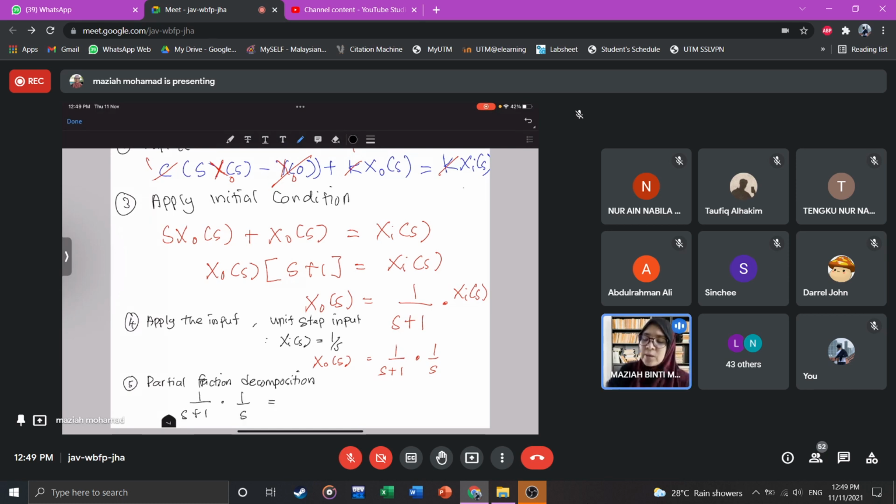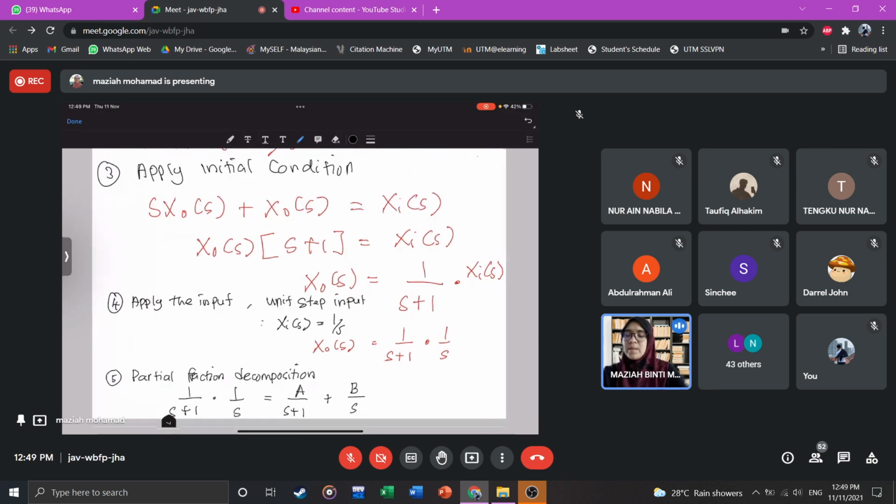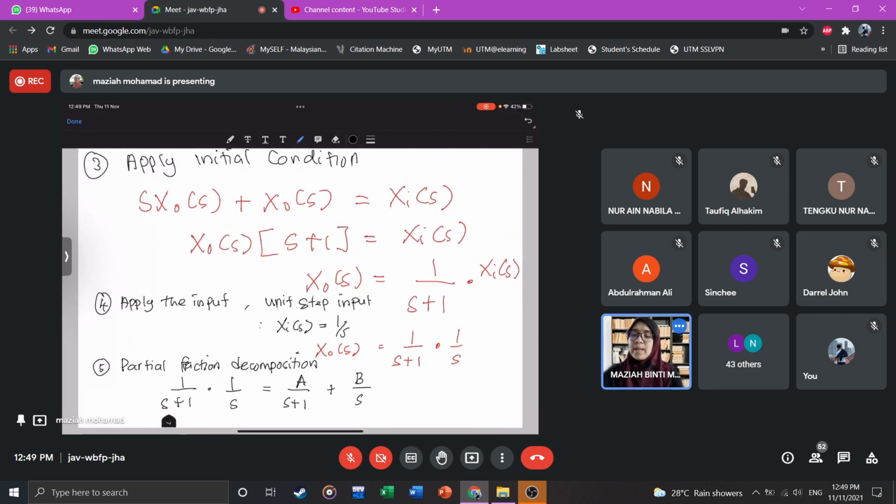In the partial fraction, this equals A over s plus 1 plus B over s. We need to solve for A and B.